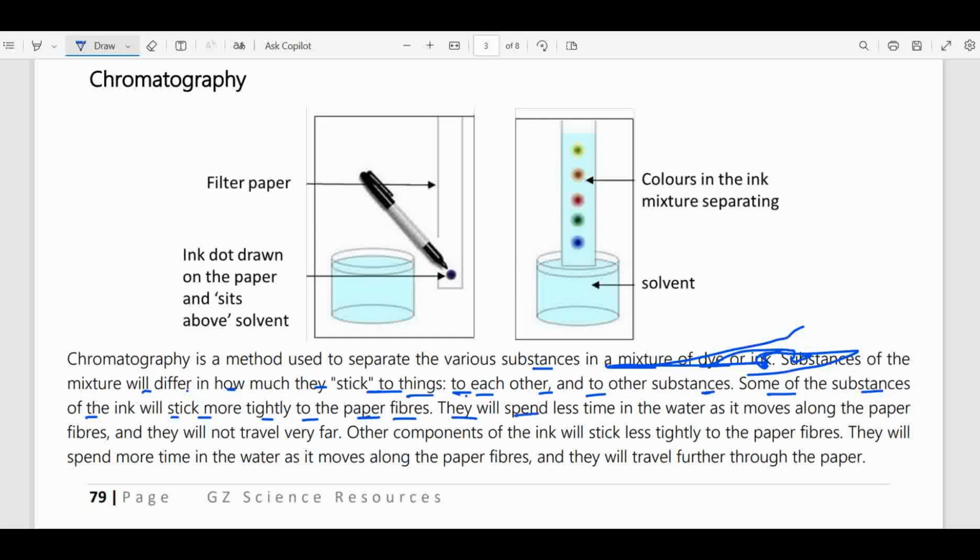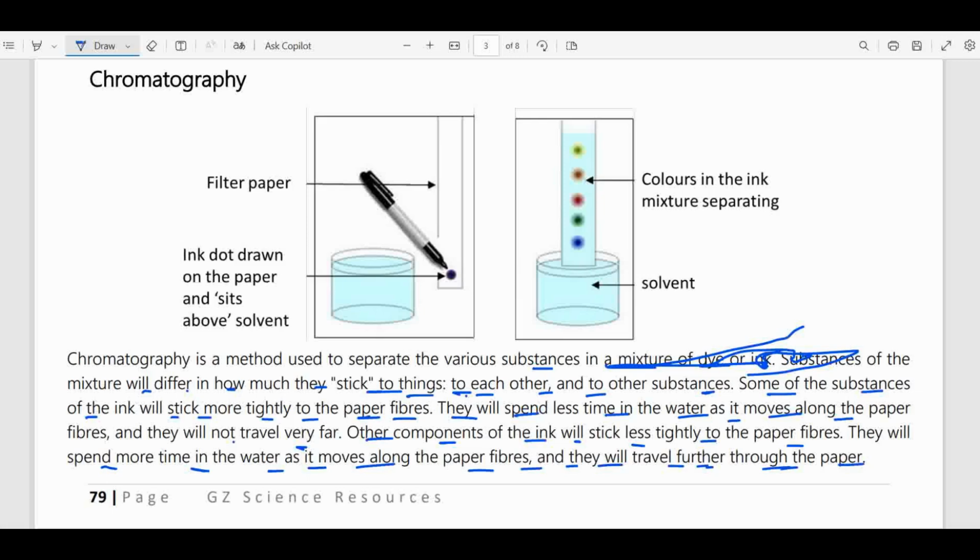They will spend less time in the water as it moves along the paper fibers, and they would not travel very far. Other components of the ink will stick less tightly to the paper fibers, and they will spend more time in the water as it moves along the paper fiber, and they will travel further through the paper.